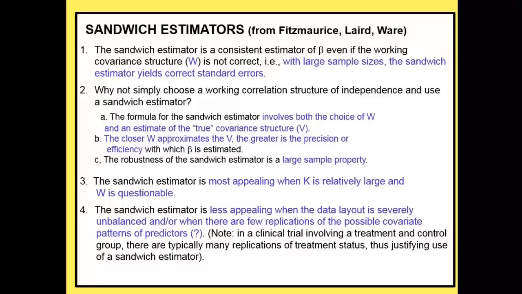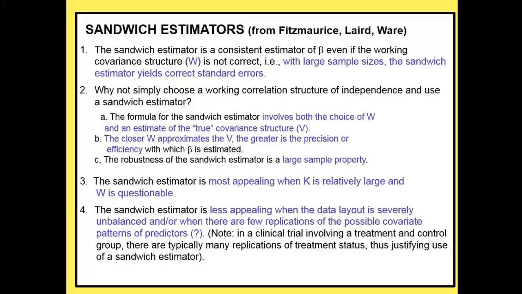The formula for the sandwich estimator involves the choice of W. Why not simply use a working correlation of independence, an R matrix of independence, and then correct for the fact that it's wrong? Why don't you not have to worry about other choices?